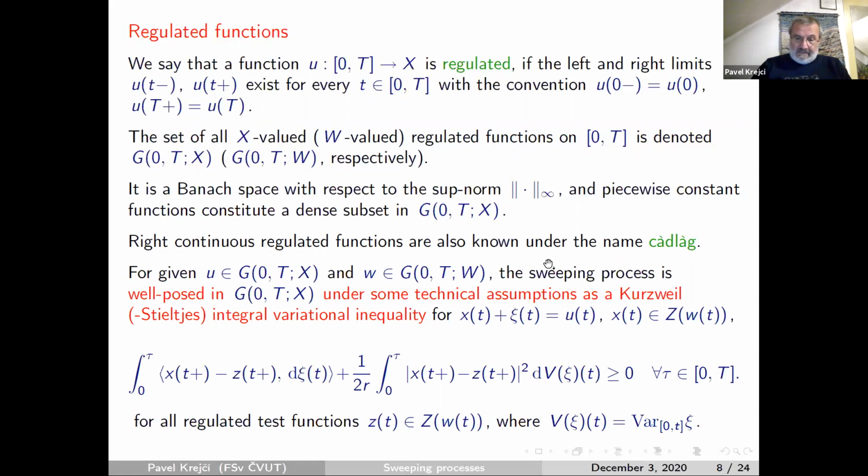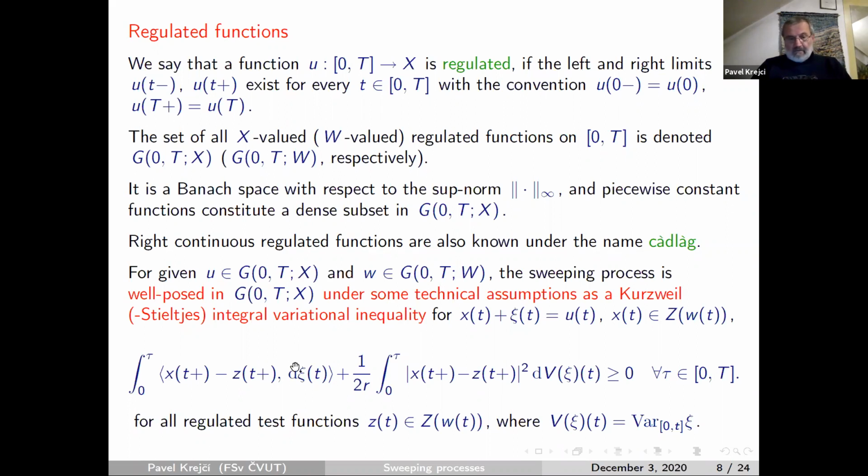And now this is what I aim at: to extend the non-convex sweeping process to inputs which are only regulated. I claim that this is possible under some assumptions that I will specify later, and that this can be done via the Kurzweil integral variational inequality.